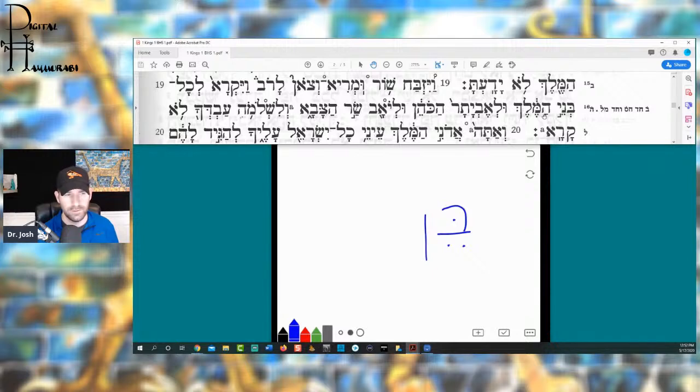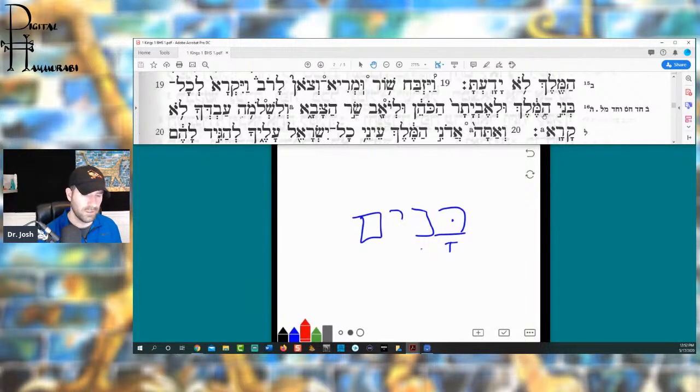So ben is son. It's an irregular plural. So the plural is banim. We know that in the construct form, or we will get there, you get rid of the final mem, and it becomes a tsere here.